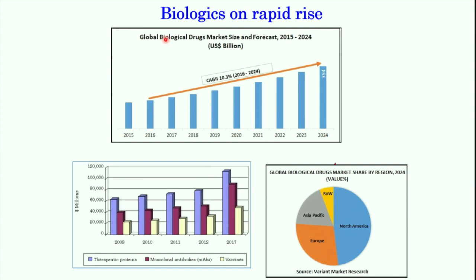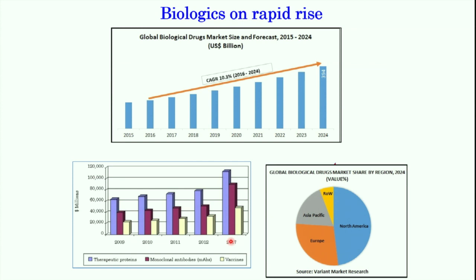So biologic drugs, whether therapeutic proteins, monoclonal antibodies or vaccines, everything is rising. In the last 10 years, from 2009 to 2017, it has been exponentially rising everywhere in the world, from North America to Europe to Asia Pacific and the rest of the world. Everywhere biologics are now getting a major chunk.